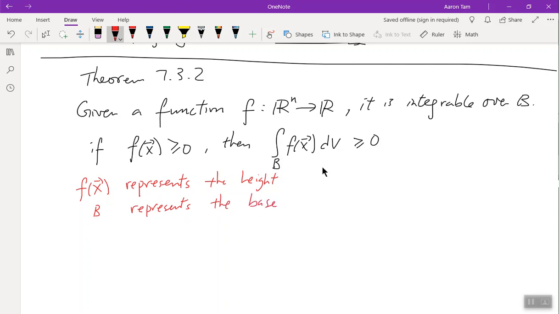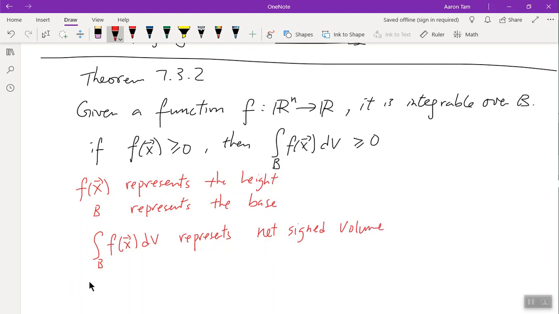So when you form this integral, it in a way represents the base area multiplied by height, which represents volume. Technically speaking, it actually represents what we call net signed volume.